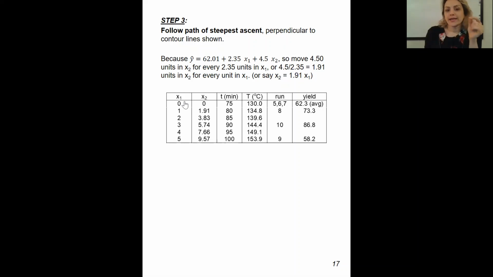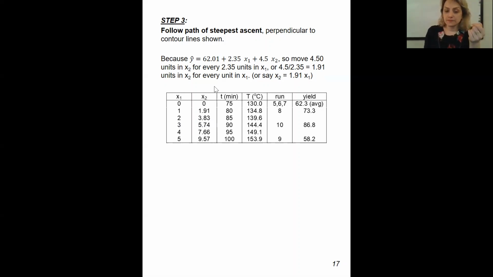For x1, we write down 0, 1, 2, 3, 4, 5. For x2, we start from 0, and for the next ones we use the equation x2 equals 1.91 x1. So when x1 is 1, x2 is 1.91. When x1 is 2, x2 is 3.83. It's 2 times this, 3 times this, and so on.